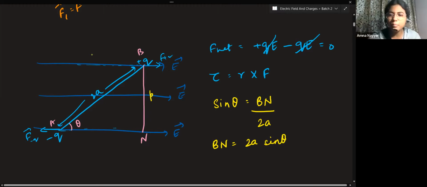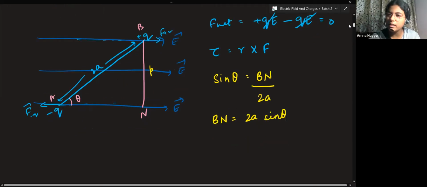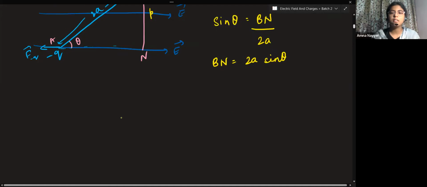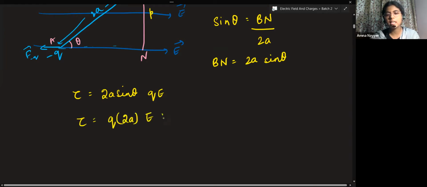Now what is BN? BN is actually the perpendicular distance that I have taken. It means now I have got the value of r, which I didn't know earlier. So torque will be what? Instead of r, I can write 2a sine theta, and for the force, I have QE. So torque is Q into 2a E sine theta.